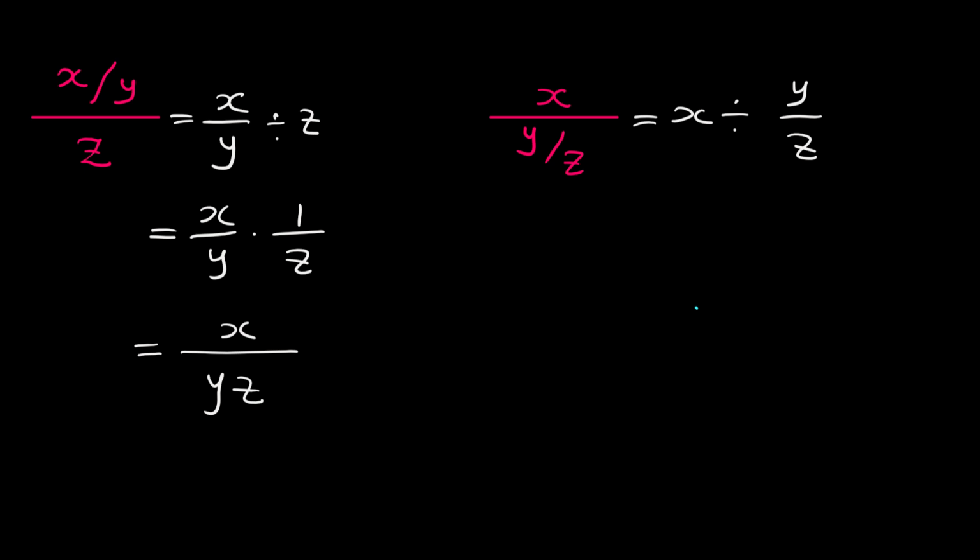So x over y over z is x divided by y over z. We know that in dividing we multiply by the inverse of the second rational expression. So now multiply numerator by numerator, x times z, and the denominator is basically here 1. 1 times y is y. So as you can see, the answers are different.